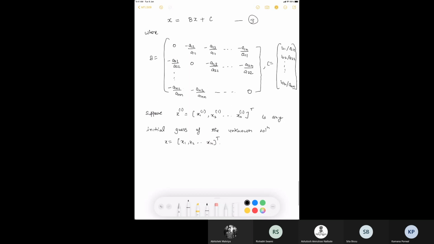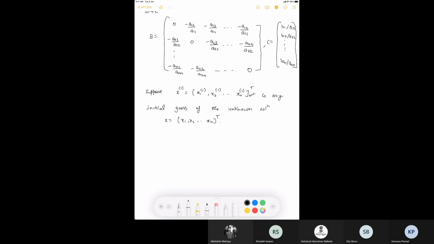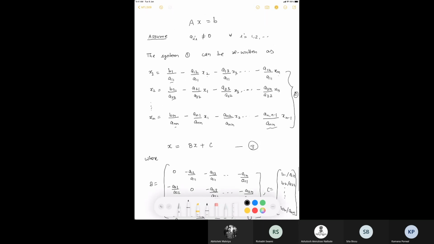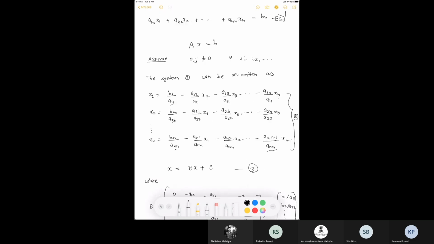Okay, so we know the initial guess now. Using this initial guess, we will compute the first iterate, and then we will reiterate that to get an iterative sequence. Let's see how I'm going to use this initial guess to compute the first iterate. I'm directly using this system 2.